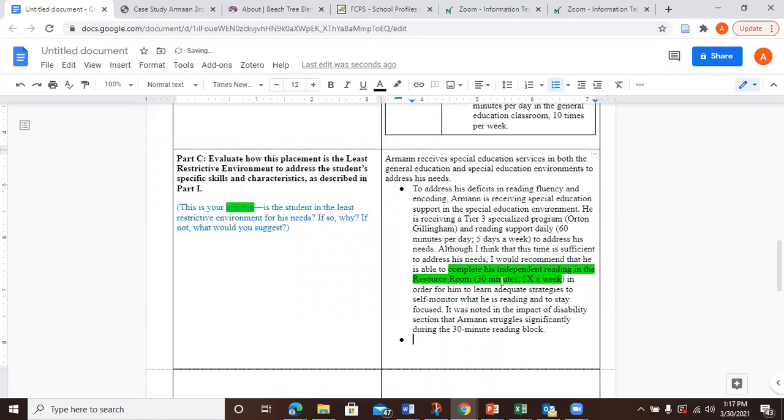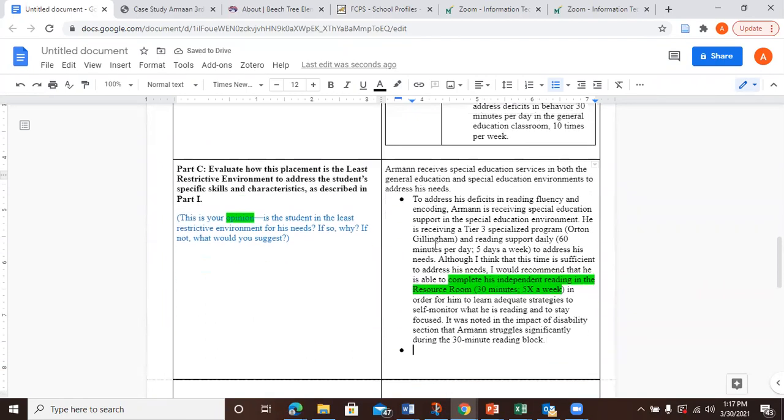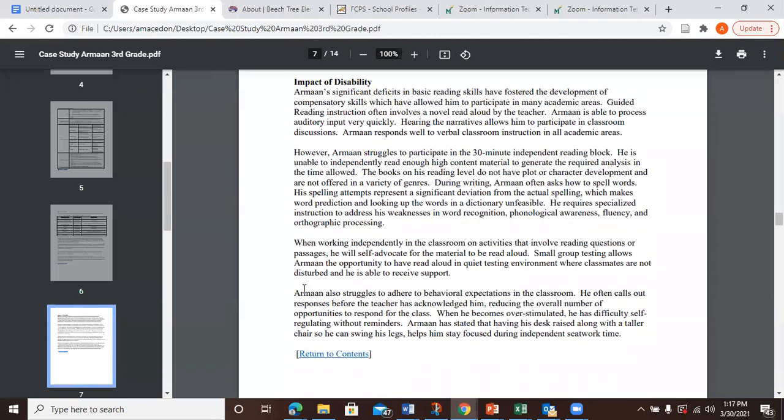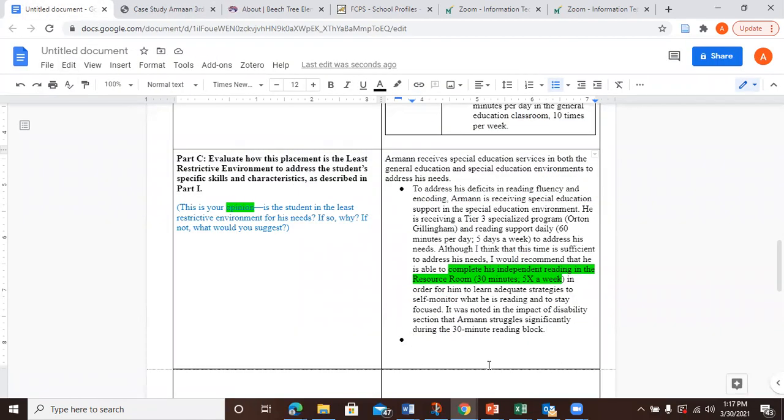The other point that I would make is that I would want to address how his behavior is addressed, right? Because he struggles to adhere to behavioral expectations. Something that I would recommend is to address his behavioral deficits.